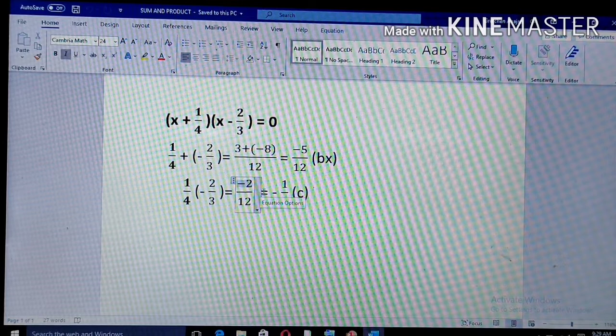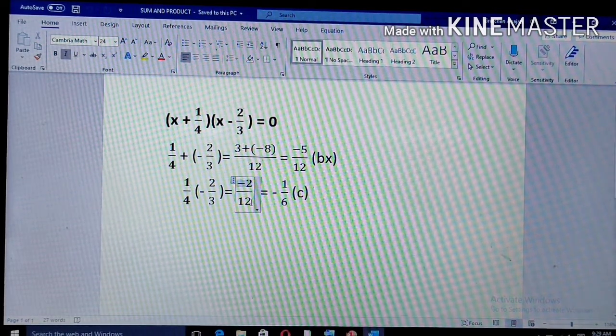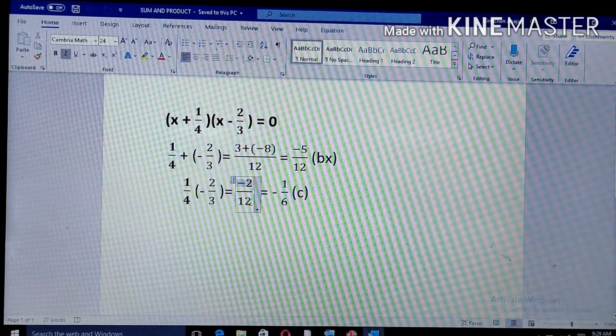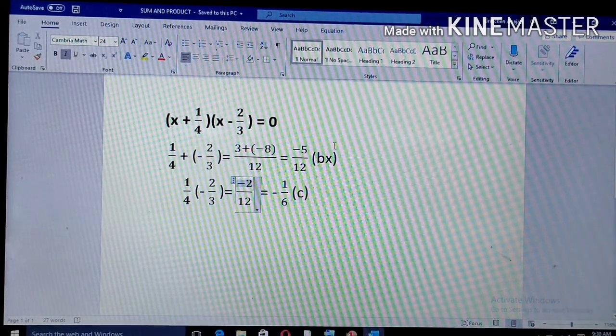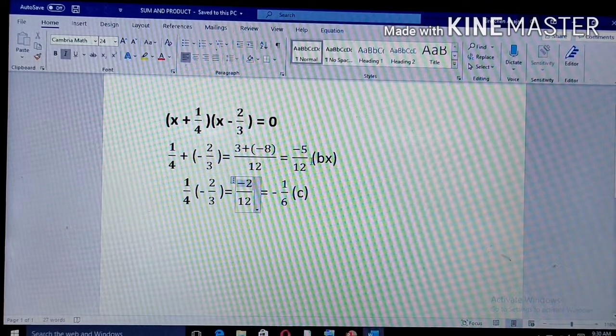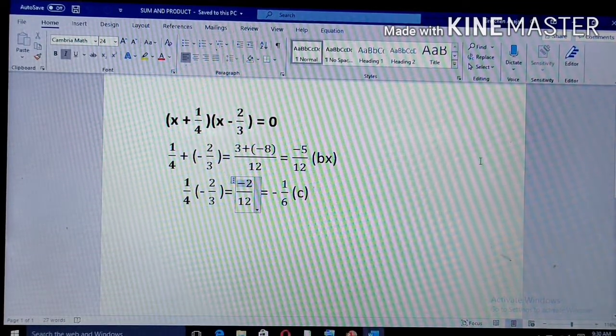You can still simplify it because there is a number that you can divide both by, which is 2. Negative 2 divided by 2 is negative 1, then 12 divided by 2 is 6. So, negative 1 over 6. That is our C. So, the middle term is negative 5 over 12, then the last term is negative 1 over 6.